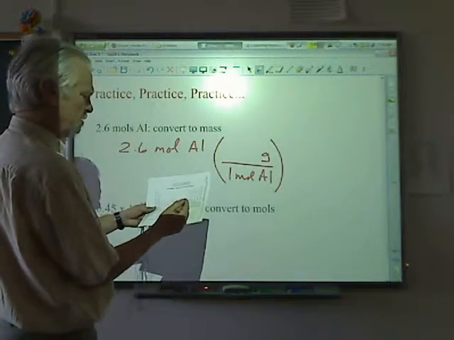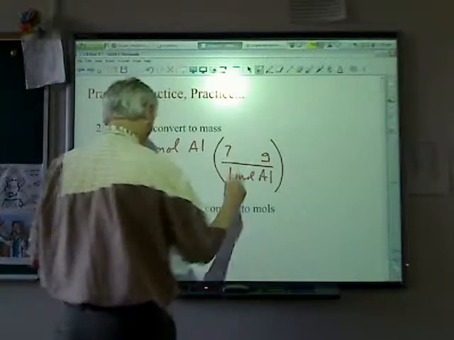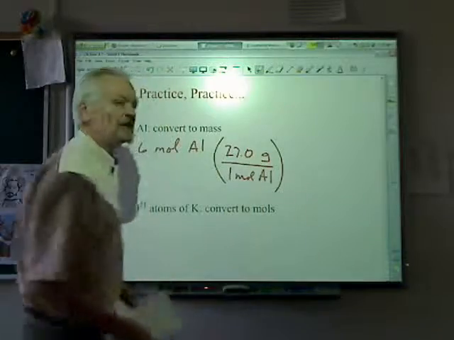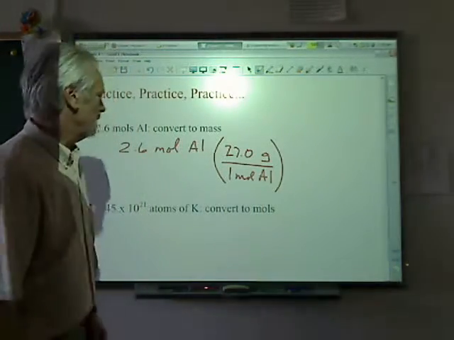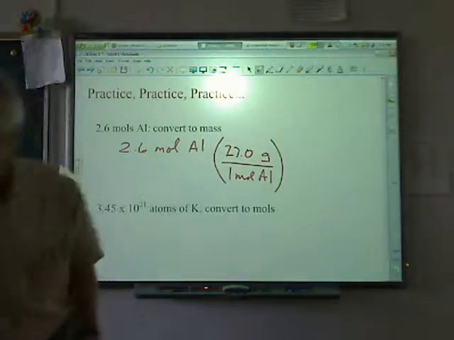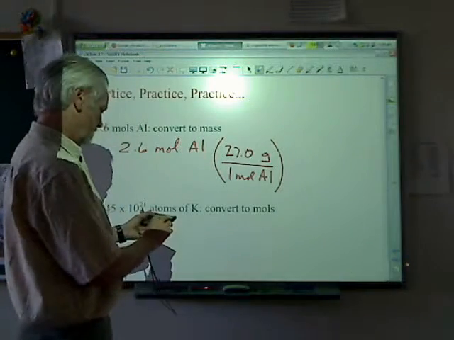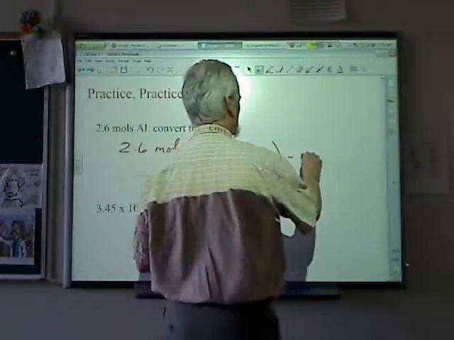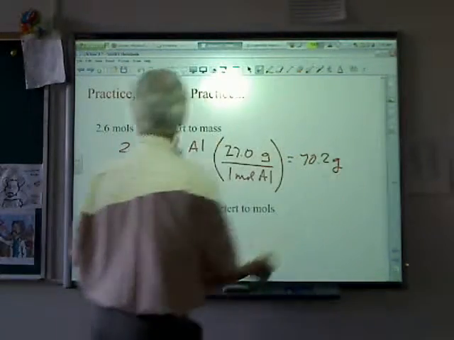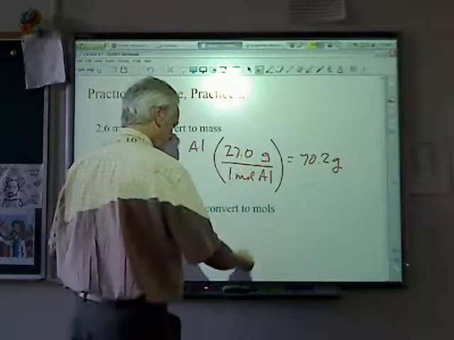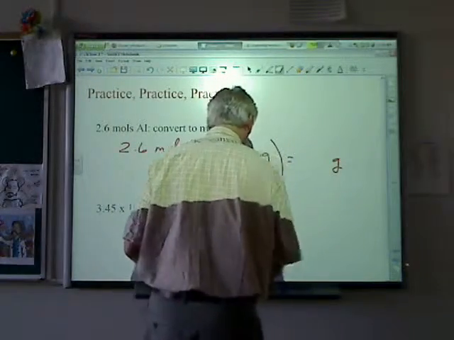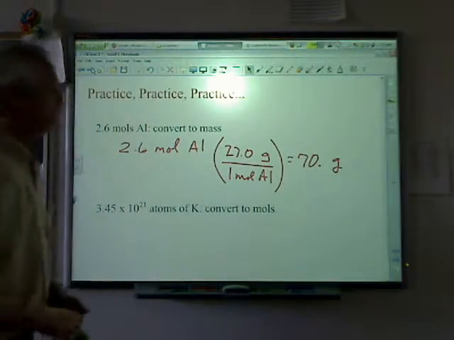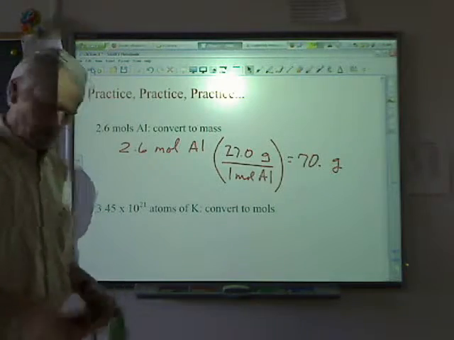It is 27.0 grams, rounded to 3 significant figures, and significant figures do apply here. Then all I have to do is do that arithmetic, grab my trusty calculator, 2.6 times 27, I get 70.2 grams. I check and see I have 2 significant figures here, 3 significant figures there, so I only get 2 significant figures in my answer. But since that 0 would be significant, I would put that decimal point there, and away we go.